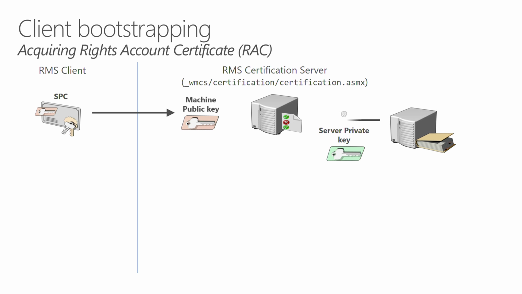This is because we want to securely transport the certificate from the server to the client. Then the user needs to authenticate with Azure RMS, which essentially is authentication with Azure AD, or with federated trust, it will go to your on-premise security token services. We only accept the user principal name, not the domain, because we have so many tenants. The domain name is the way we identify your tenant.